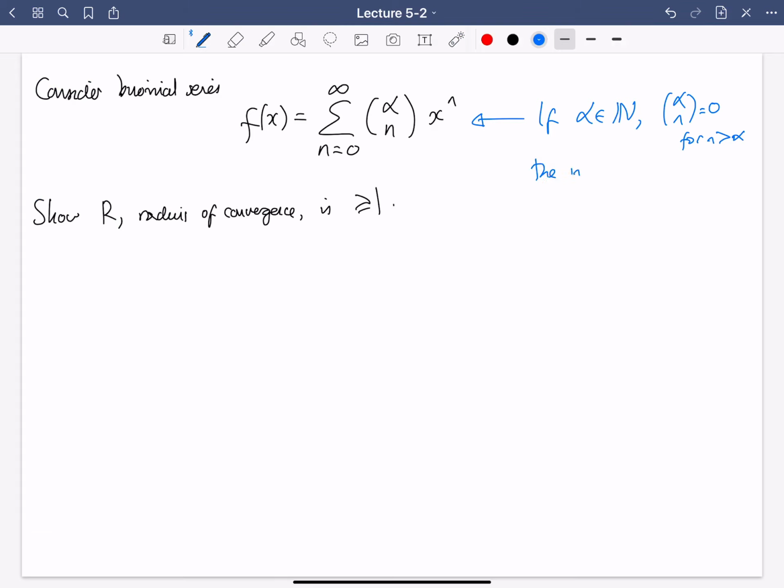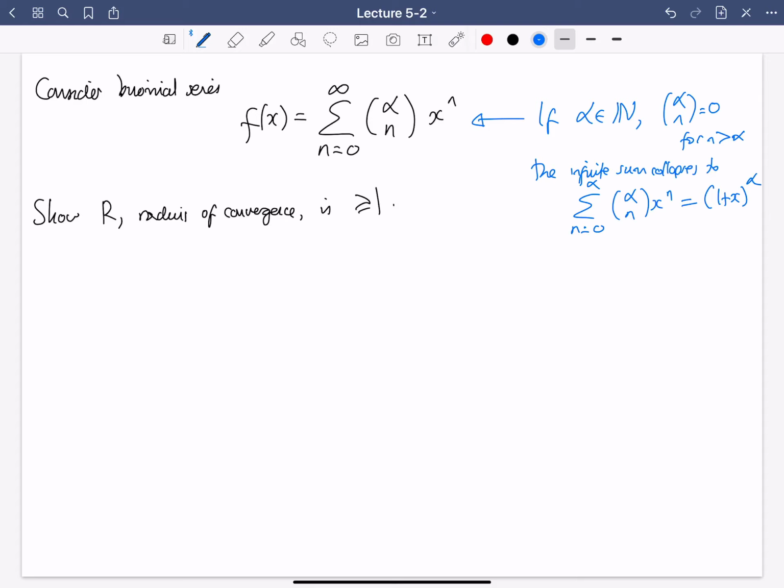And in that case, the infinite sum just collapses to the finite sum, the sum as n goes from 0 to alpha of alpha choose n x to the n, because after the alpha term, you're just adding up a whole load more zeros. That's exactly the sum that features in the binomial theorem, the expansion of 1 plus x to the alpha when alpha is a natural number.